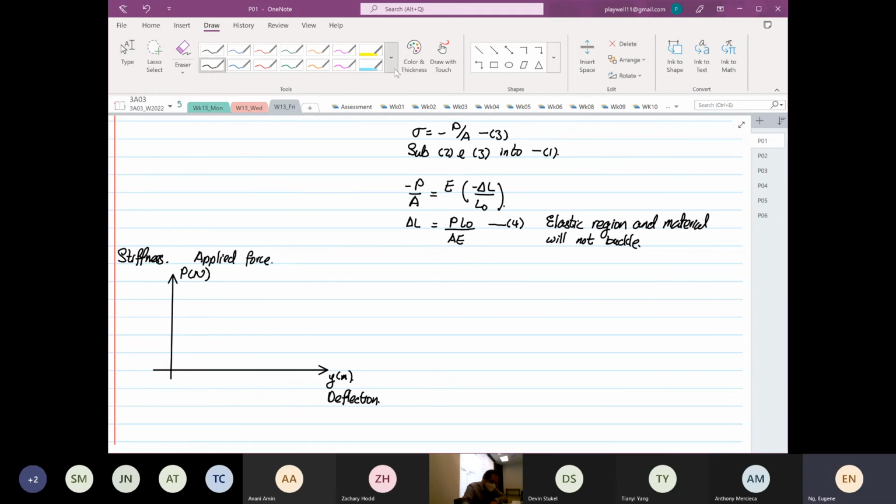And then if I draw a straight line, this is what we call k, small k. So small k is stiffness in Newton per meter.